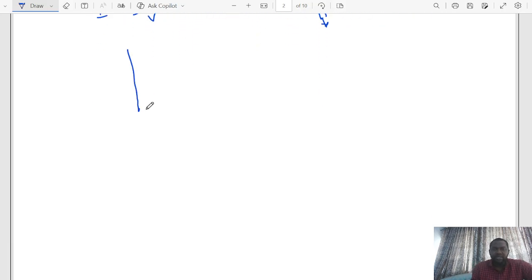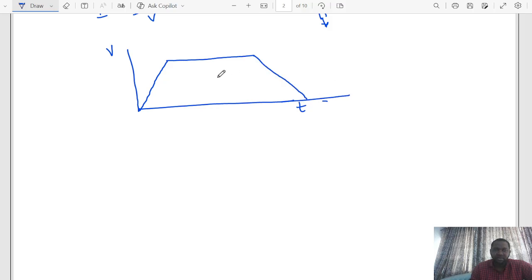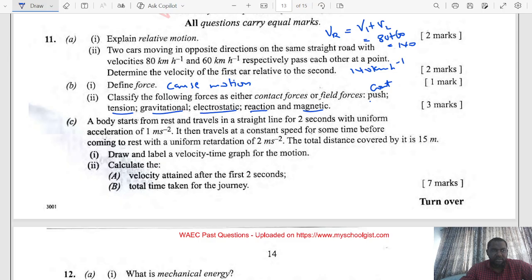So already reading the question, I knew it was a velocity time graph question because it told us that it accelerated and did not stop there. It also moves at constant velocity. This is constant velocity and this is retardation. The acceleration is 1 meter per second squared.